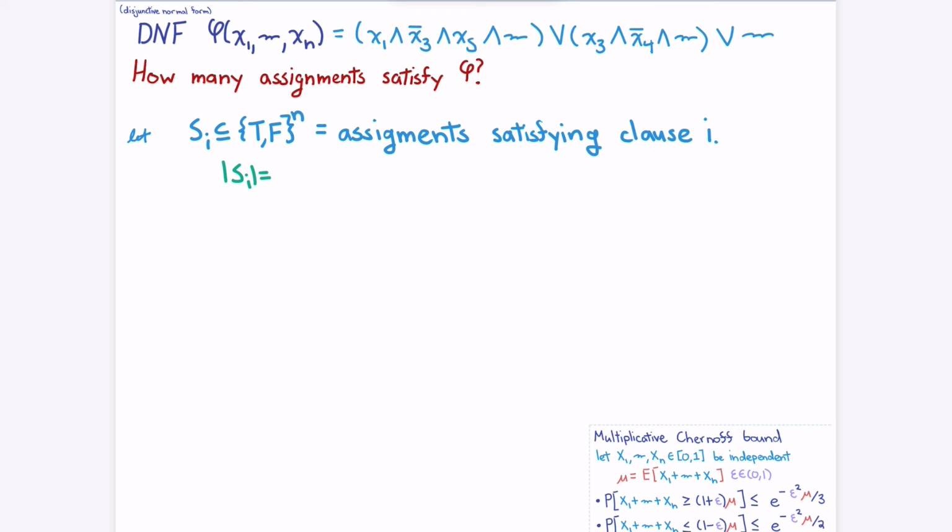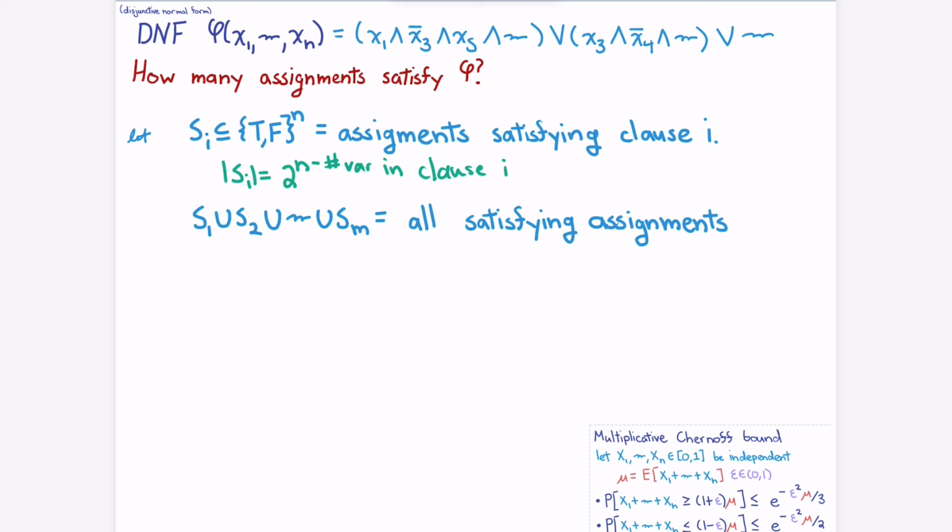So first, building off this idea, I'm going to let S sub i be the set of assignments that satisfies a particular clause i, in which case the number of these is 2 to the n minus the number of variables in clause i. Is that very helpful? Probably not.